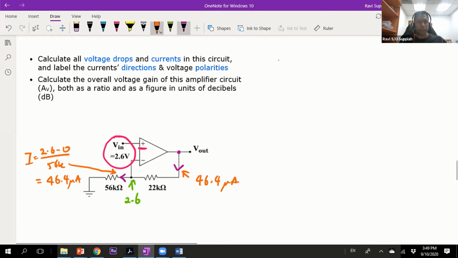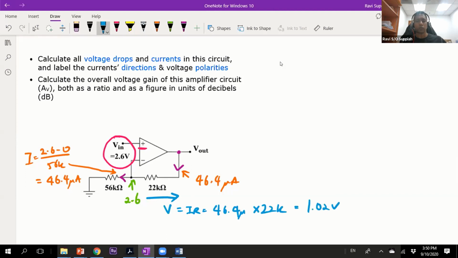Which means that the voltage drop across my 22 kilo ohm resistor is equal to IR. V is IR, so it is 46.4 micro multiplied by 22k, which gives me 1.02 volts.